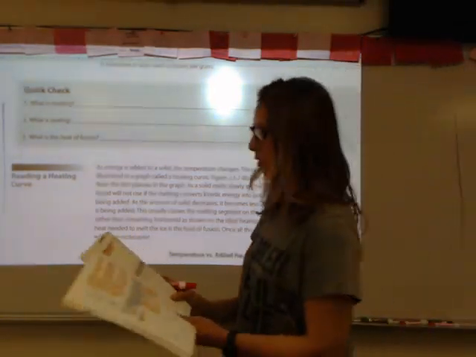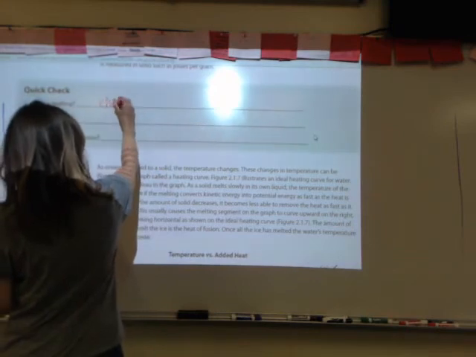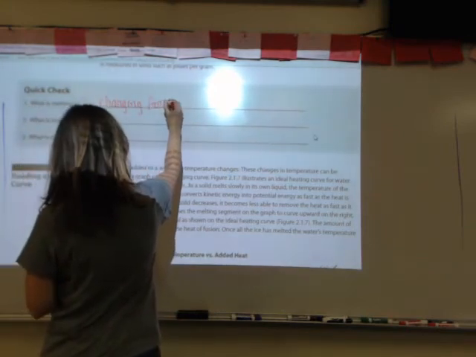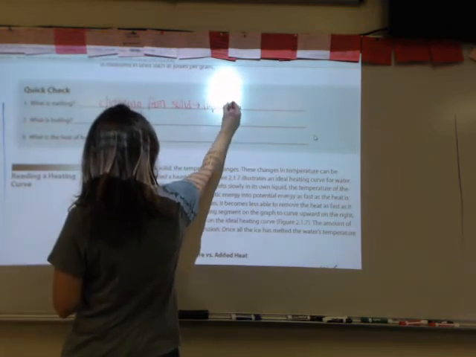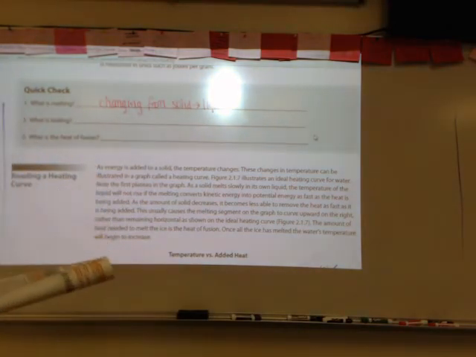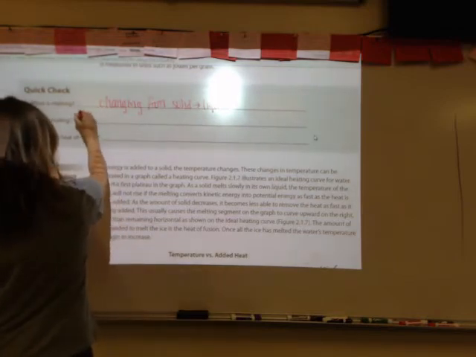What is melting? Well, this is the process where you're changing from a solid to a liquid. What is boiling? Boiling is when you have that vigorous bubbling that happens within a body of liquid as it vaporizes internally.